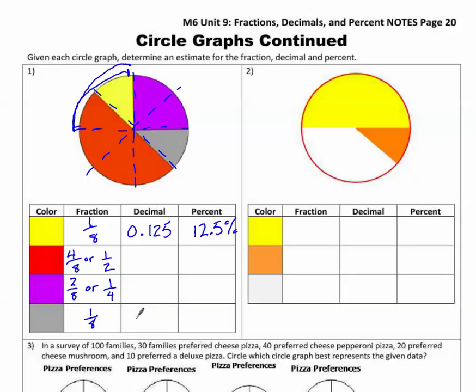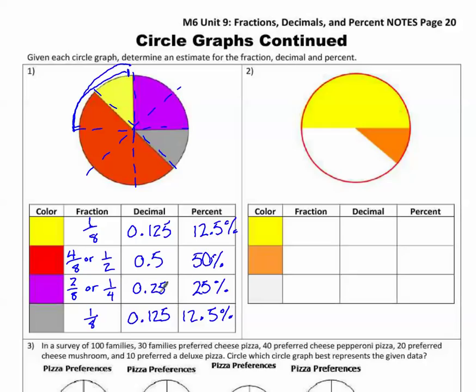And that's going to be the same for this one, because they're the same fraction. Now for this one, you probably have half memorized. Half is 50%, or 0.5 as the decimal. And a fourth is 25%, if you look at the last page, and that's 0.25 as the decimal.